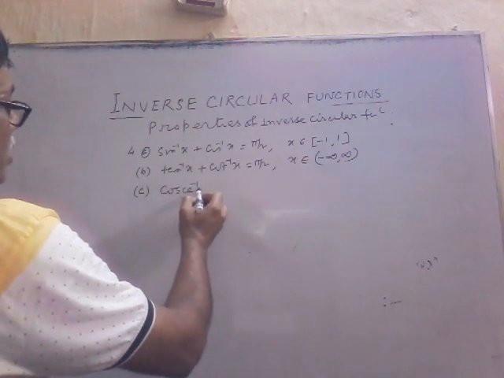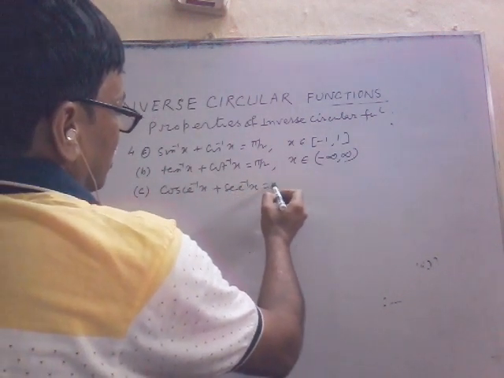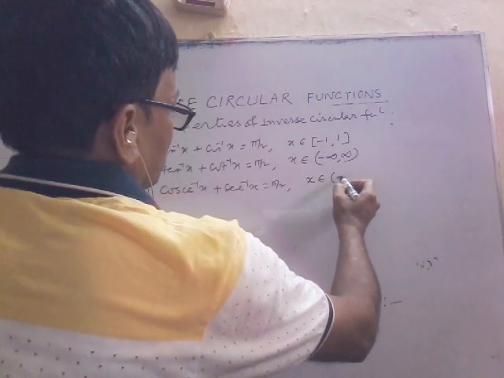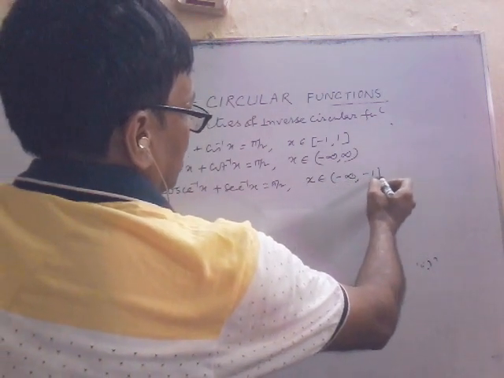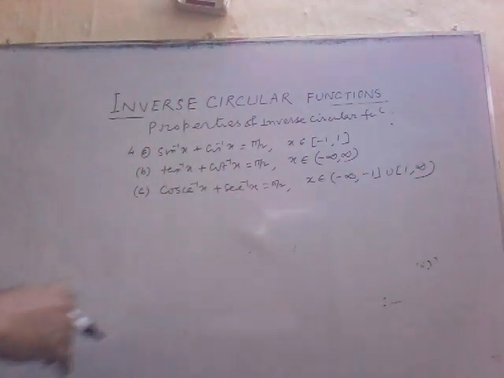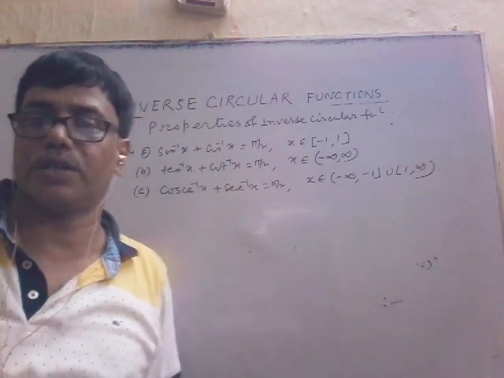Cosec inverse x plus sec inverse x equals pi by 2, x belongs to minus infinity to minus 1 union 1 to infinity. You know, these are the restrictions on different inverse circular functions.